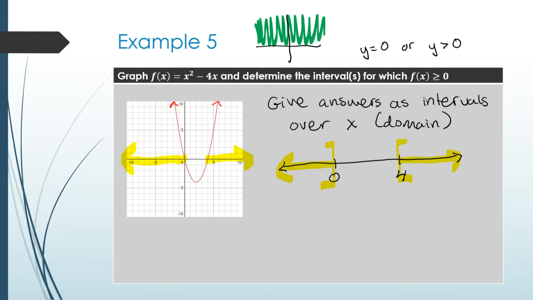So we are greater than or equal to 0 from this interval that goes from negative infinity to 0. And that's the left side. And then we are also greater than 0 from 4 to infinity, the right side. In between 0 and 4, we're actually negative. Our graph is below the x-axis, and we want only the ones where we are positive. So we have two parts where we are positive.